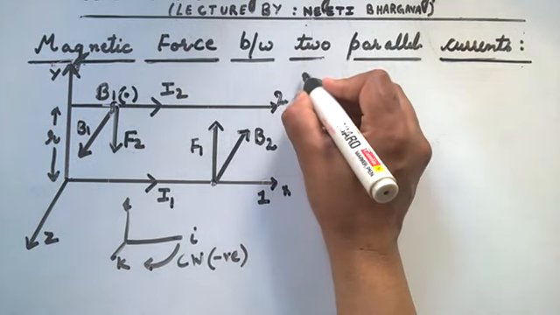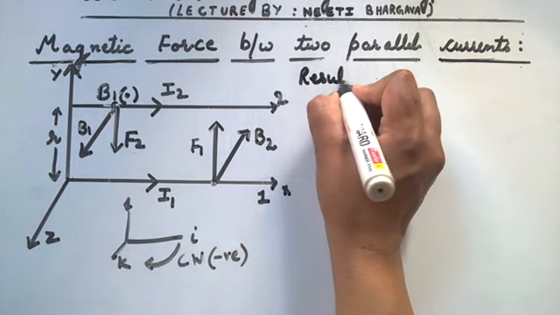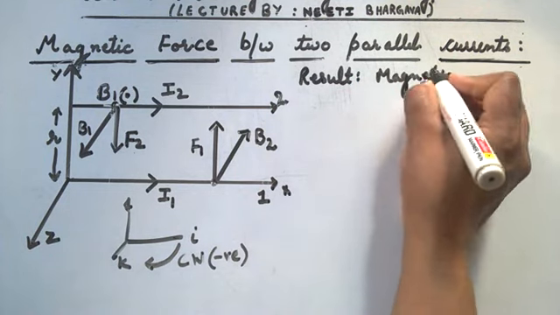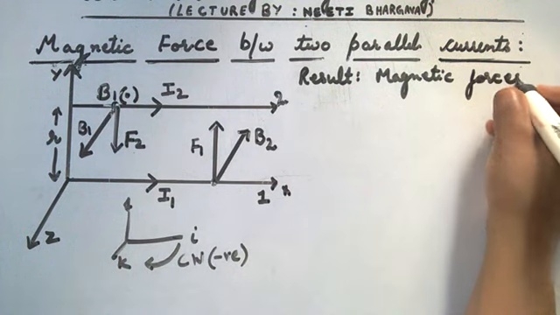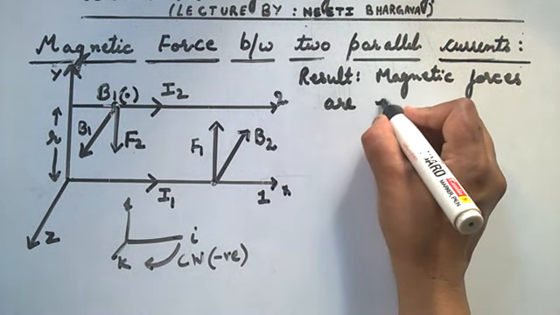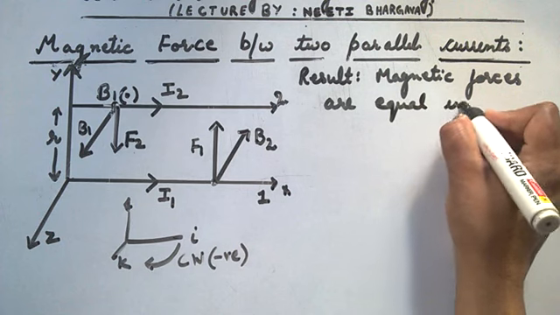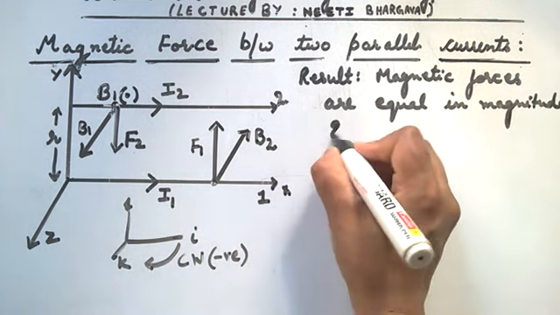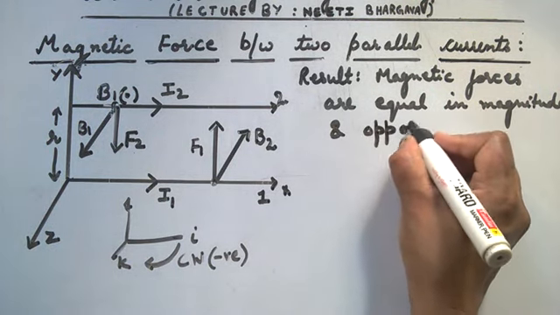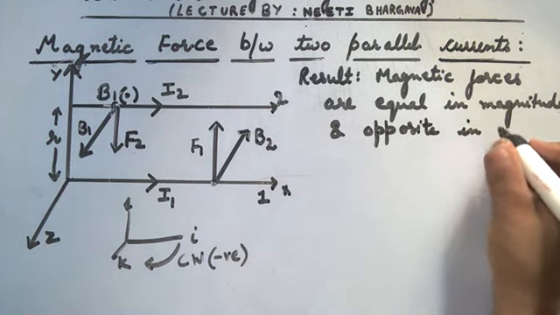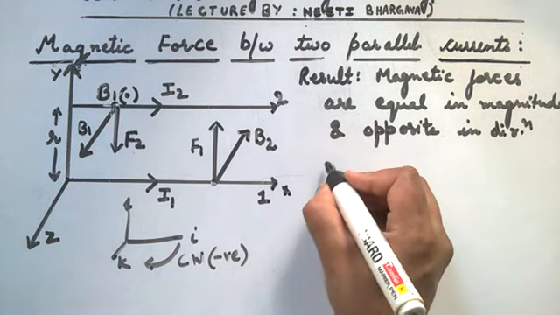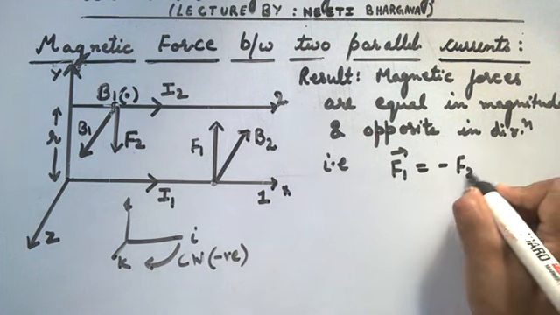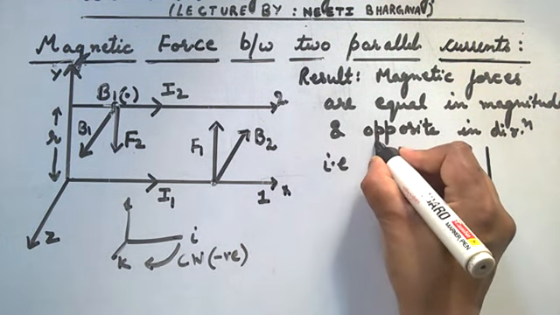Thus, we conclude that the magnetic forces are equal in magnitude and opposite in direction. That is, F1 vector equals minus F2 vector. This obeys Newton's third law.